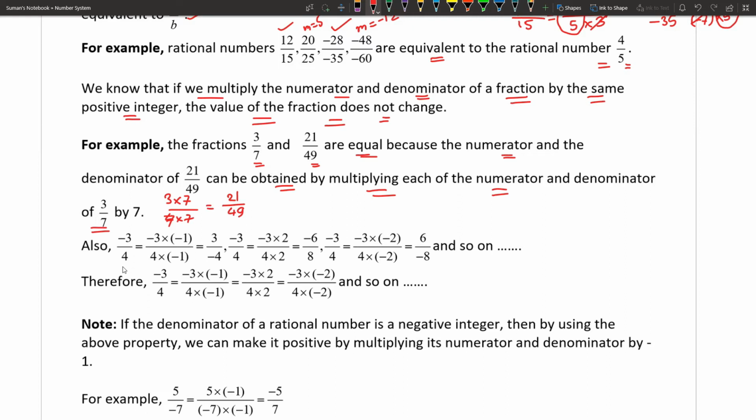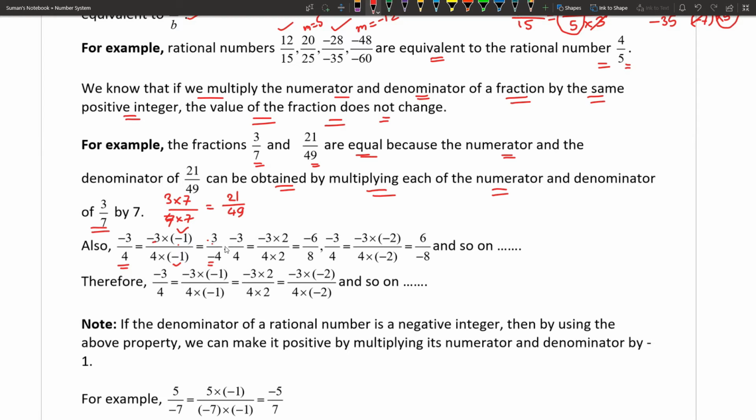Let's check another example, minus 3 upon 4. Now if we multiply both the numerator and denominator by minus 1, we get 3 upon minus 4, because minus 3 into minus 1 is plus 3, and 4 into minus 1 is minus 4.